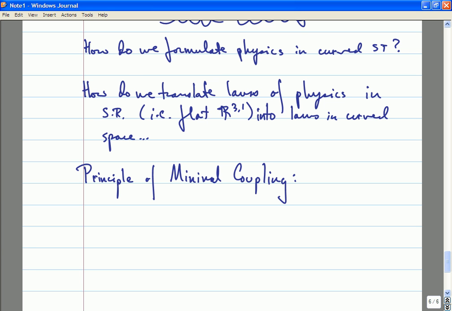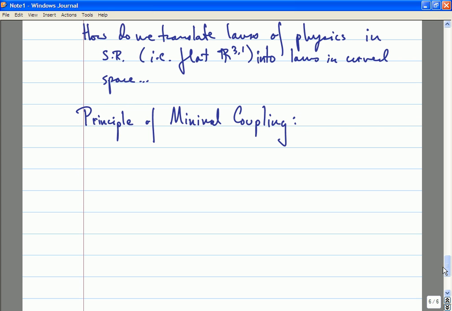So, what is the principle of minimal coupling? The principle of minimal coupling is based on Einstein's equivalence principle.